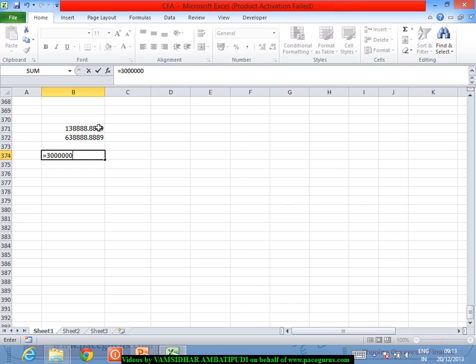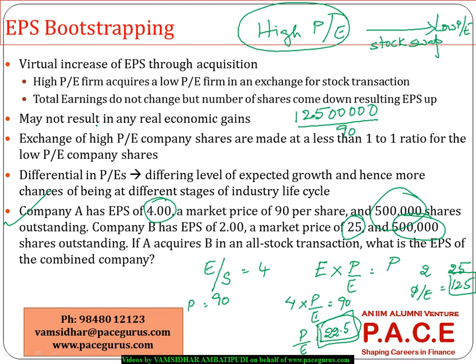Total earnings of 3 million divided by the number of shares, 638,000 now, results in an EPS of 4.7. None of the two companies has an EPS of more than 4, but the combined firm, without any kind of synergy, has an EPS that has gone up to 4.7. This is what is called the bootstrapping of EPS.